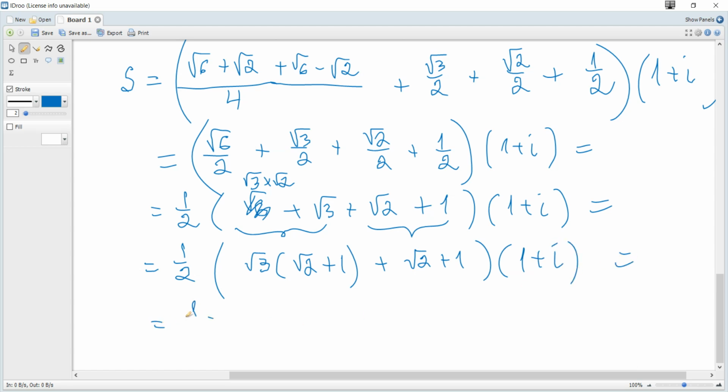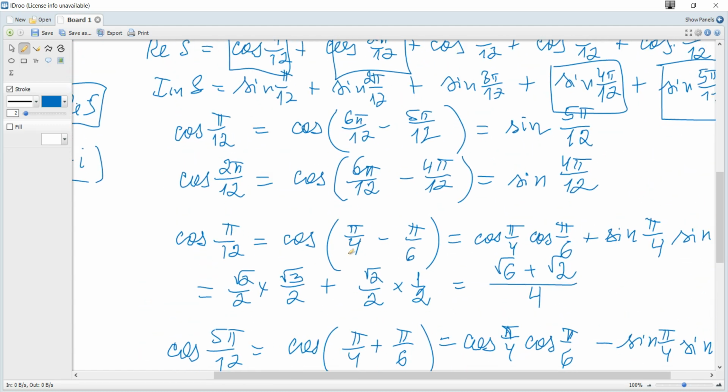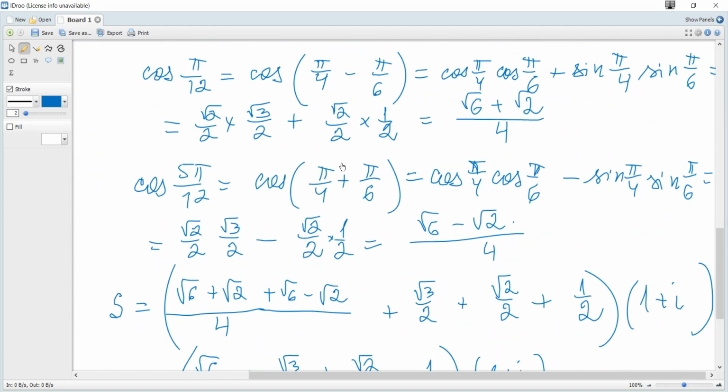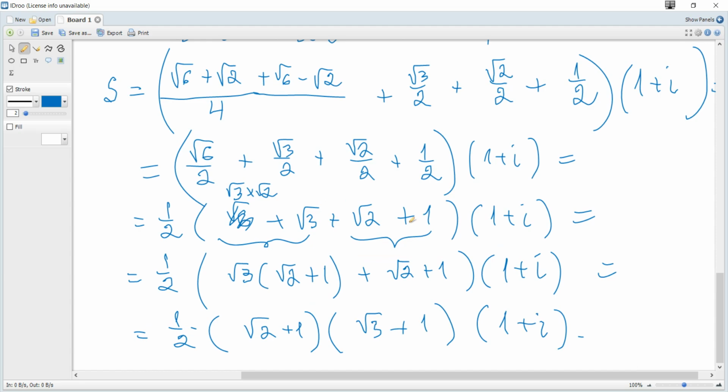Now we can factor out root 2 plus 1 and it becomes root 3 plus 1, and we get the expression as required. Yes, it's correct. And that's all for this question.